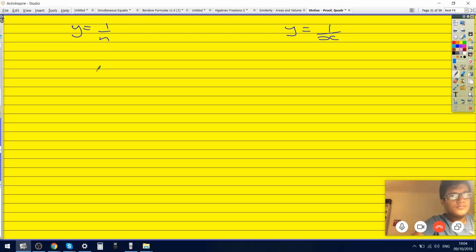So it would go like 1, a half, a third, a quarter, and so on. Any idea what number it gets closer to as it gets bigger, like when n is 100, 1,000? Closer to 0. Yeah, so basically, as n tends towards infinity, 1 over n tends towards 0.